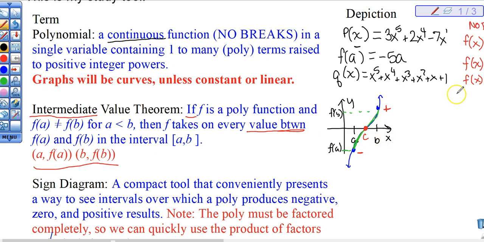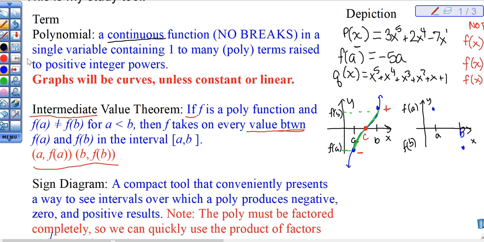It could also look like this. We'll do one more quick picture. Here's an x and here's a y axis. And again, we'll put a here and we'll put b here. But let's go ahead and put the f of a up here and the f of b down here. Okay, and we'll graph our f of a and our f of b. I'm not sure why I put that b up so high, but there it is.